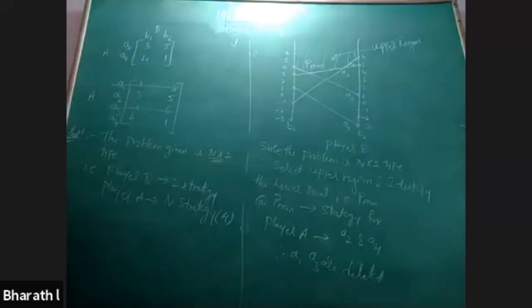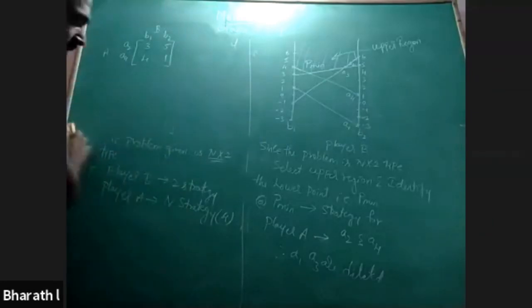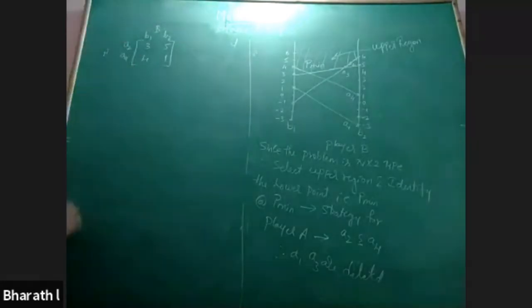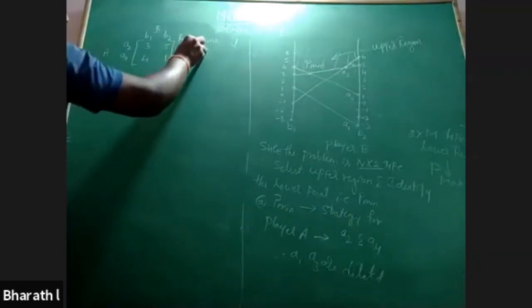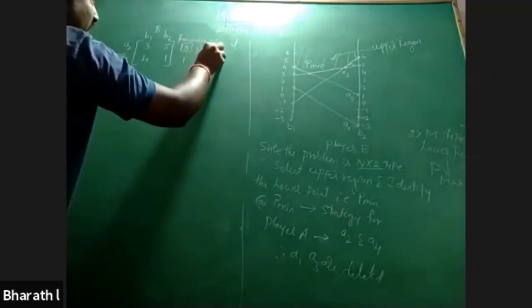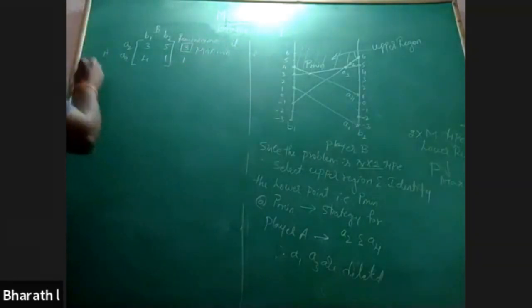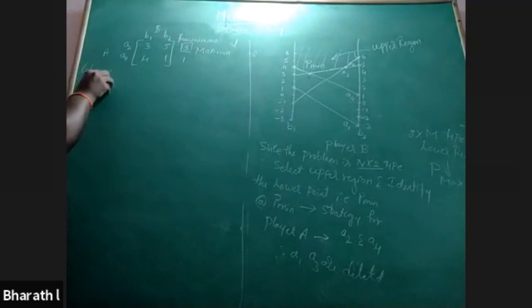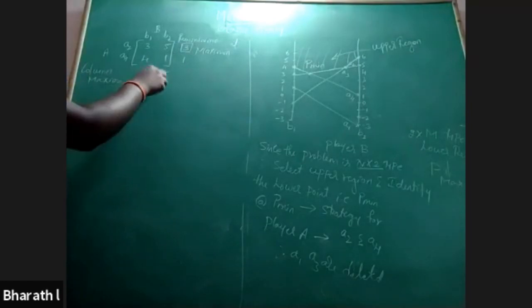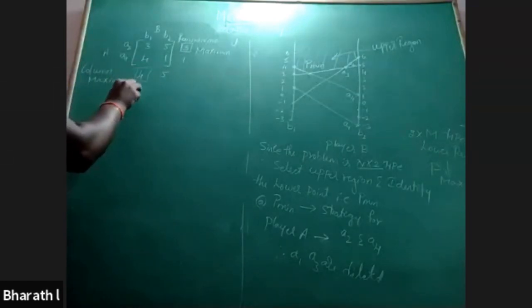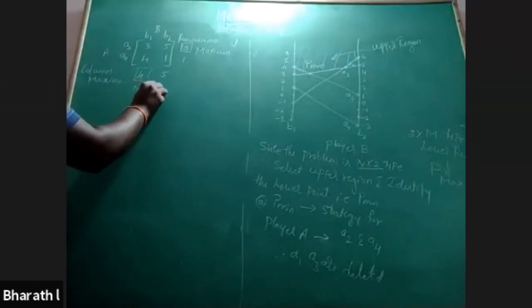Next, since the size of the matrix is reduced to a 2 cross 2 matrix, out of the row minima, the maximum is 3. Here you have to write maximin. Similarly, with respect to column maxima, out of 3, 4 maximum is 4. Out of 5, 1 maximum is 5. Out of this, the minimum is 4. Here you have to write minimax.